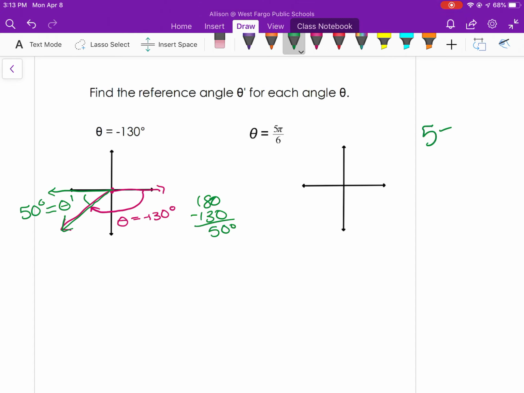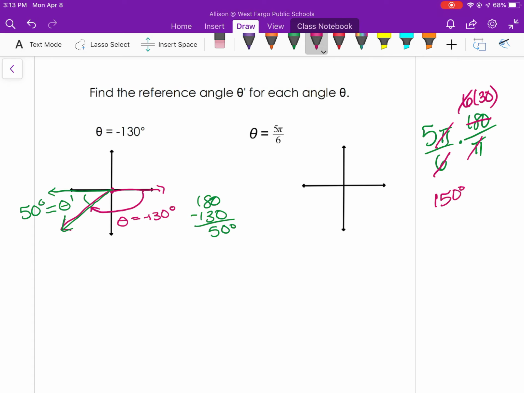5 pi over 6 is in radians, so if I wanted to convert that first to degrees, multiply it by 180 over pi, and I can cancel the pi's. 180 is the same thing as 6 times 30, so I can take out a factor of 6 from each. Then I'm left with 5 times 30, which is 150.